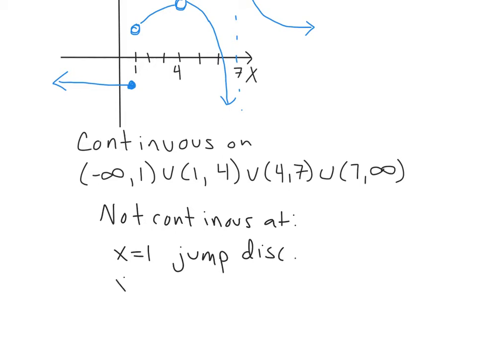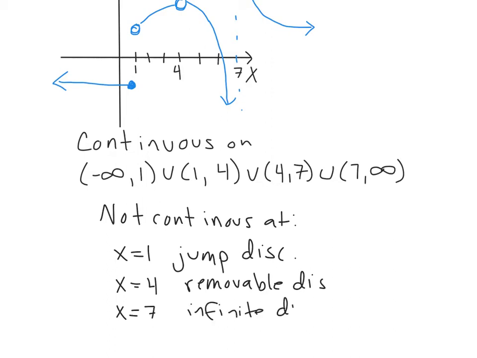It's not continuous at x equals 4. There we have what's called a removable discontinuity. And then again at x equals 7, where we have an asymptote, that's called an infinite discontinuity.